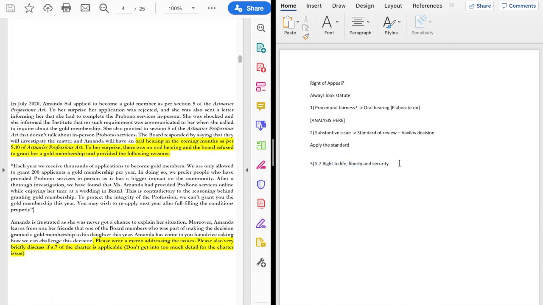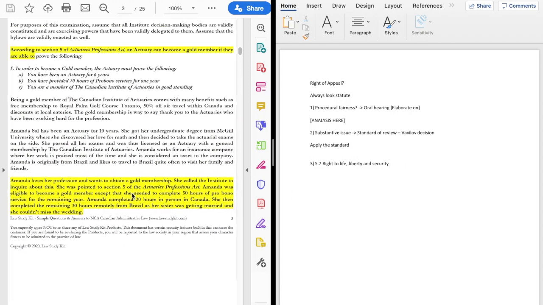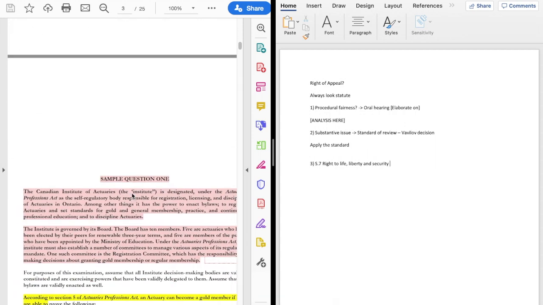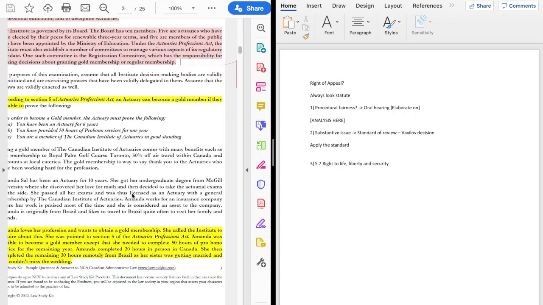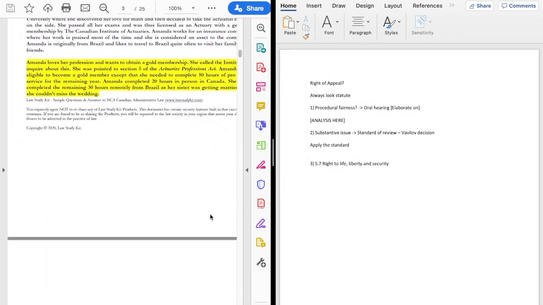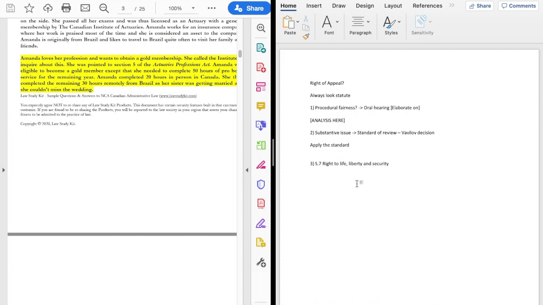Always remember that whenever you're arguing section 7, because this question is a total of 100 marks, I would talk about how I don't think section 7 is applicable. However, assuming that the courts find section 7 is applicable, we will then go on to section 1 analysis.